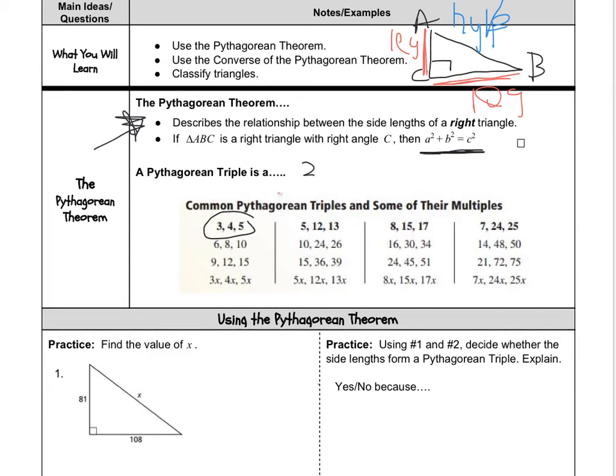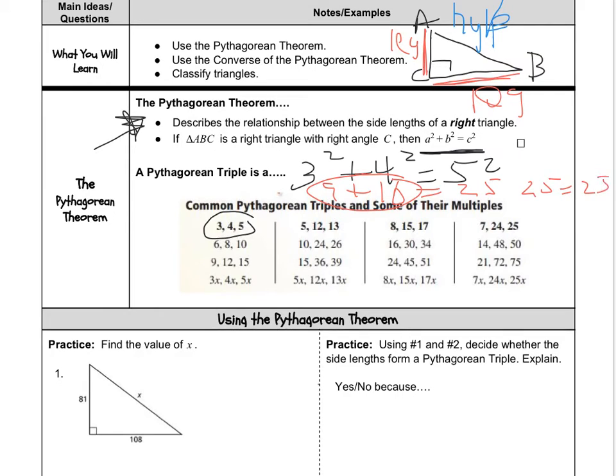So 3 squared plus 4 squared would have to equal 5 squared if this is going to be a right triangle. Well, what is 3 squared? That's 9. What is 4 squared? That's 16. And what is 5 squared? That's 25. Now, if you add 9 and 16 together, what do you get? That's right, you get 25. So we have 25 equaling 25.